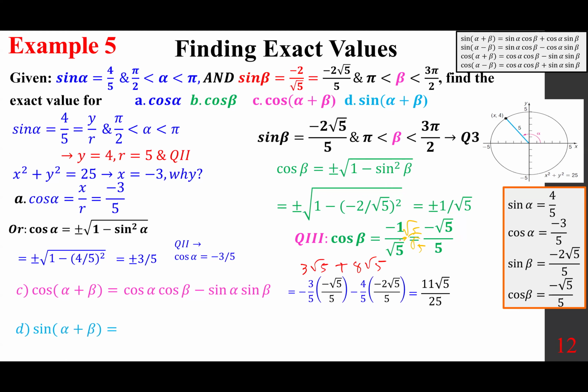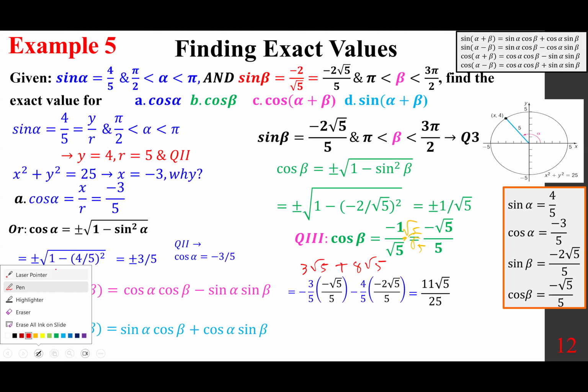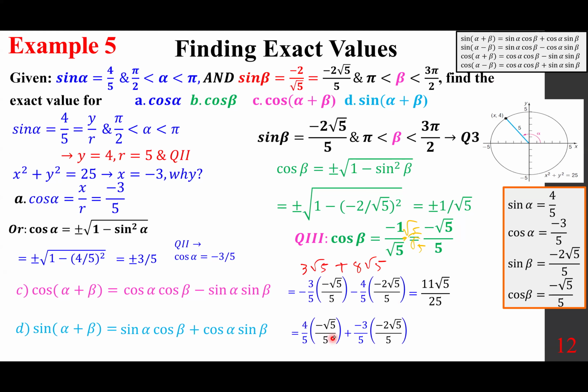Sine of alpha plus beta is sine alpha cosine beta plus cosine alpha sine beta using the formula that we have here. And we just plug in. Sine of alpha is 4 over 5. Cosine beta is minus square root of 5 over 5. Cosine alpha is negative 3 over 5, and sine beta is negative 2 square root of 5 over 5. So what do we have here?